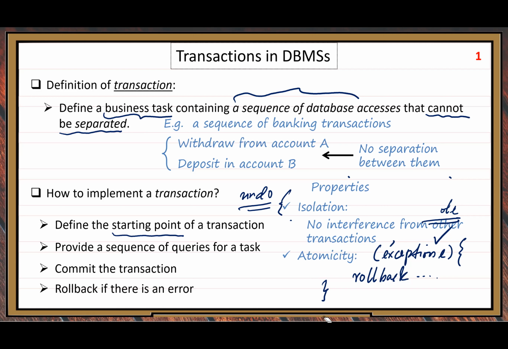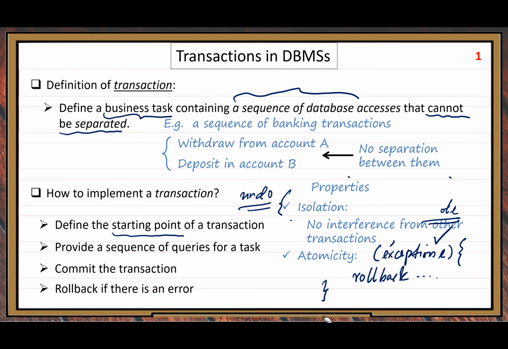Atomicity property, the second property. It is treated like an atom. We know in ancient philosophy, atom is treated as some particle that cannot be separated, right?